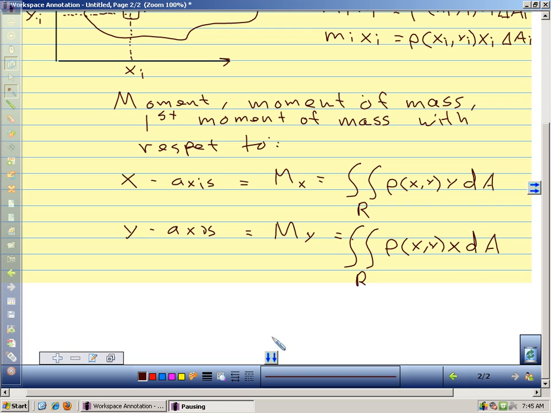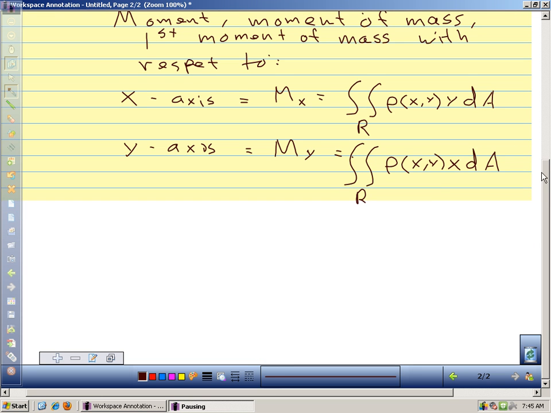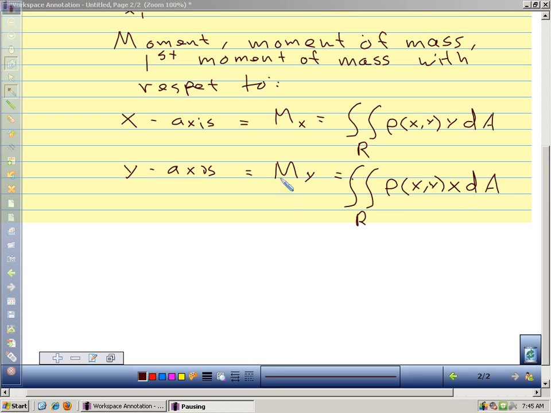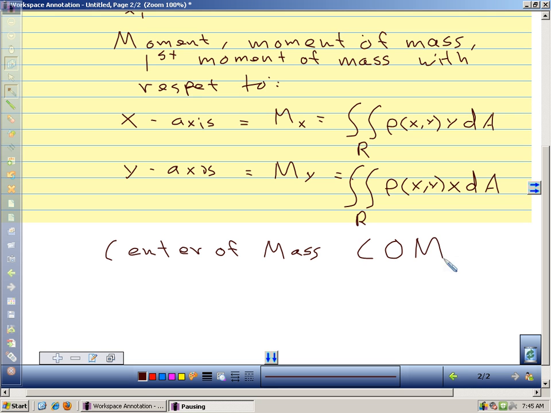And our center of mass, just like we did before, we just divide our moment by the mass. And I'm going to use COM, so I don't have to keep writing center of mass. And our notation is x bar, y bar.